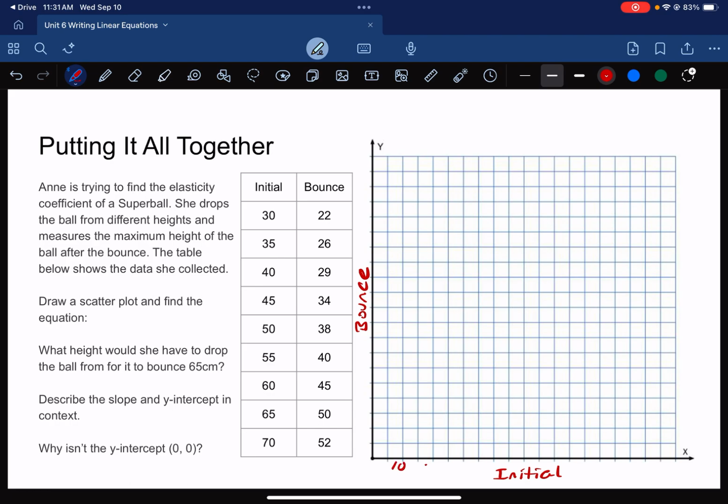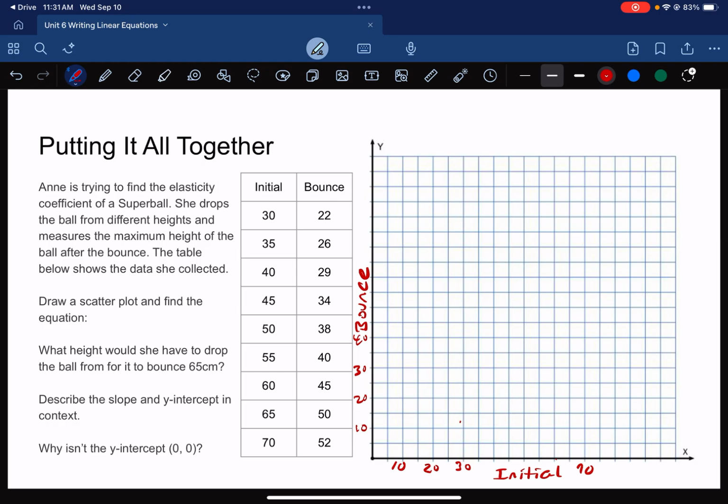So we go 10, 20, 30, 40, 50, 60, here's 70. And then let's do the same over here. We only need to go up to the max, which is 52. So 10, 20, 30, 40, and 50's in there somewhere.